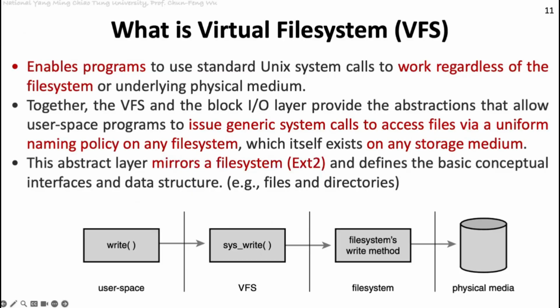Virtual file system has been developed for several decades. The very first version of the virtual file system referred to the ext2 file system. Okay, ext2 is a very classic and very old file system. The design of the VFS as an abstract layer is referred to ext2.